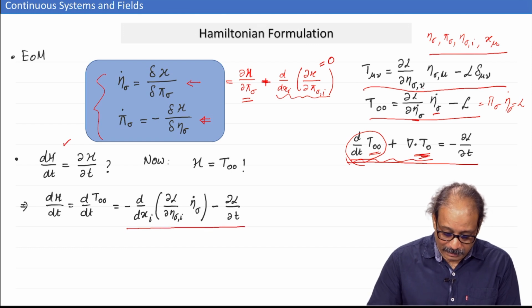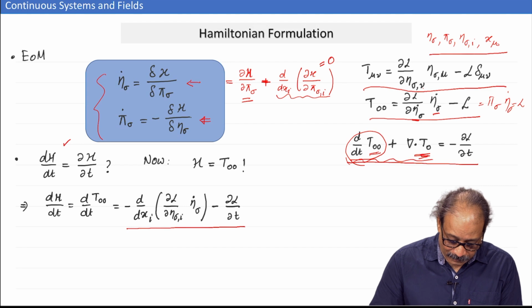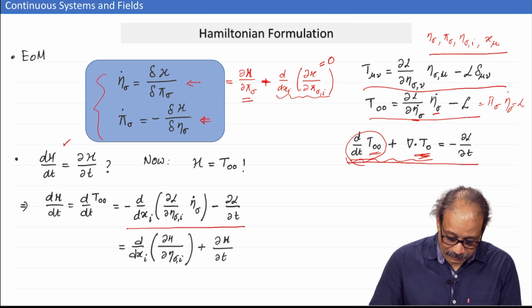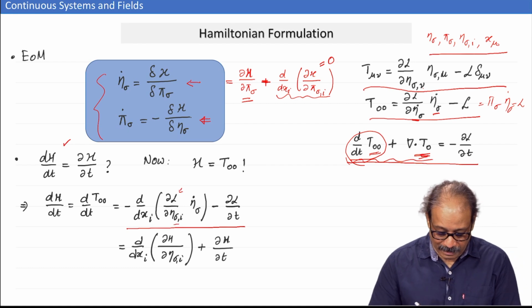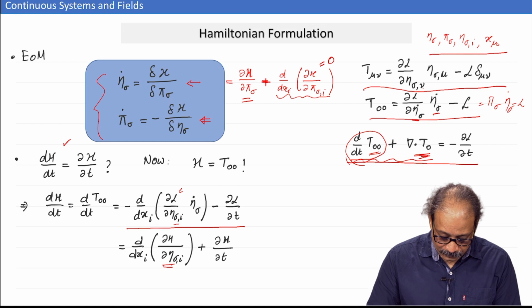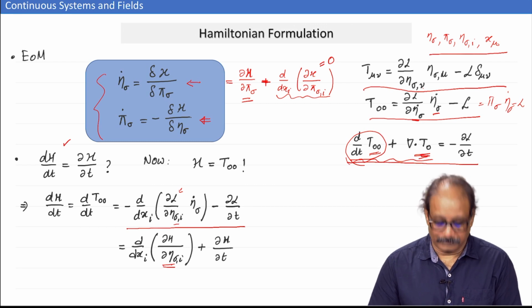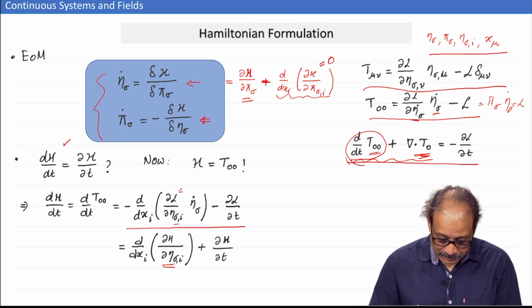And then if the Lagrangian, so I will of course write this in terms of Hamiltonian, partial derivative of Lagrangian density with respect to eta sigma i is minus of this bracket. Okay, so that minus sign will become plus here, and this also will become plus.